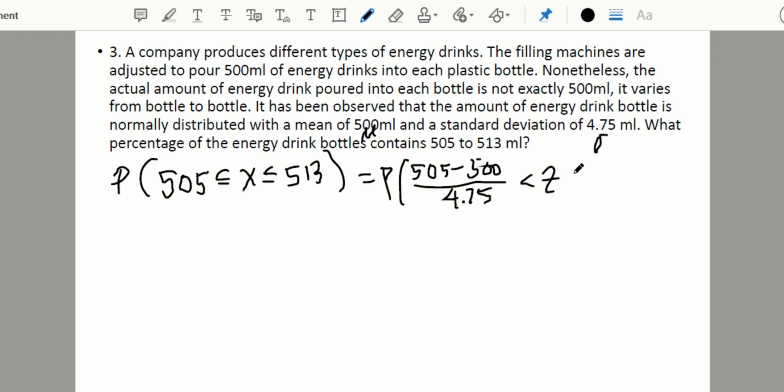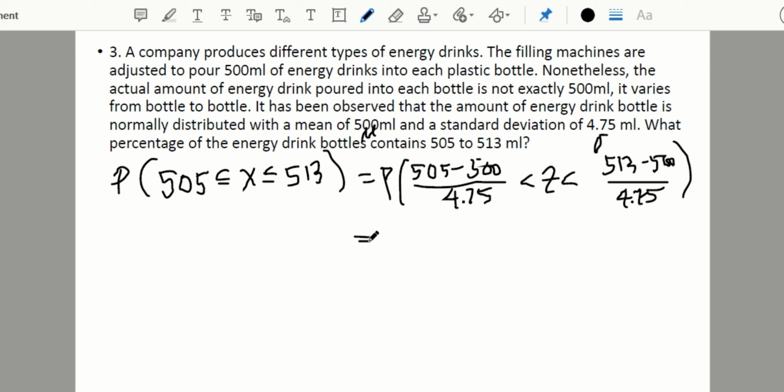And we have now the z-score. We have here 513 minus 500 over 4.75. So please use your calculator. So this is 505 minus 500, that is 5 divided by 4.75.